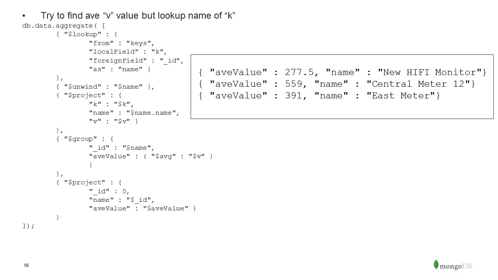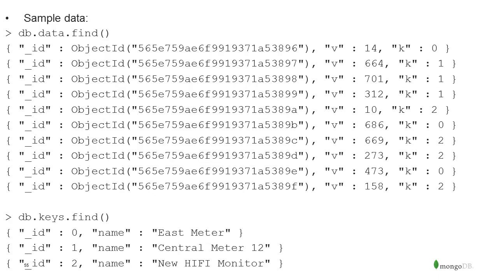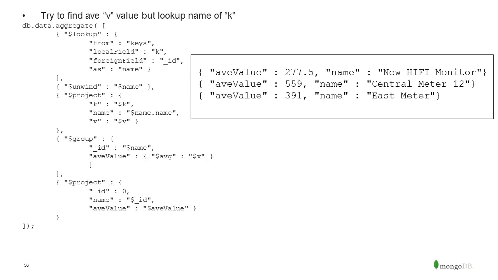If I was interested in averaging up the values from these sensors, but I didn't want to output a 1 for the sensor, I wanted to go into this keys collection and look up the name of the given sensor, I can use the $lookup and some other aggregation operators to do something like that.